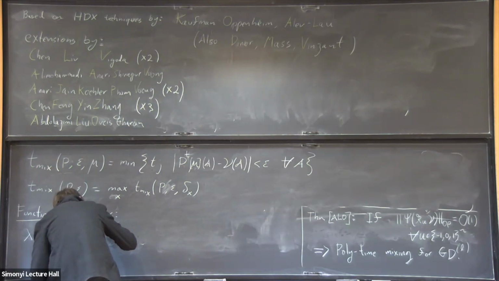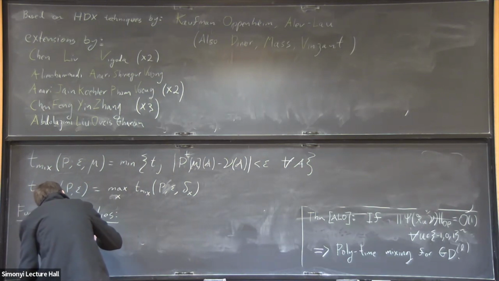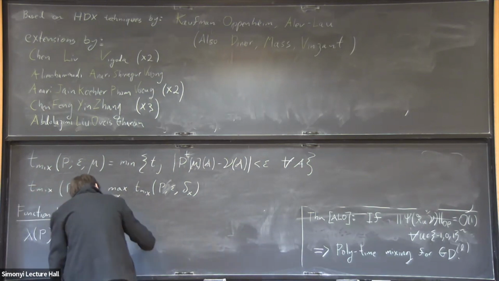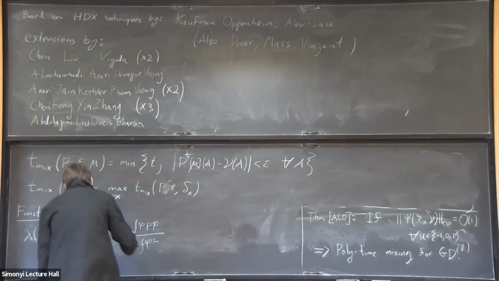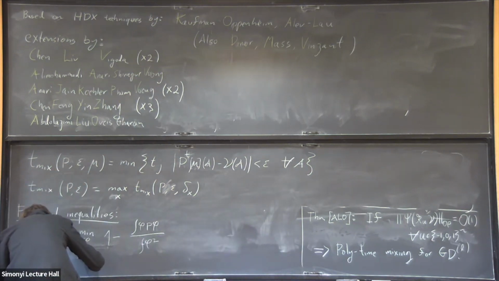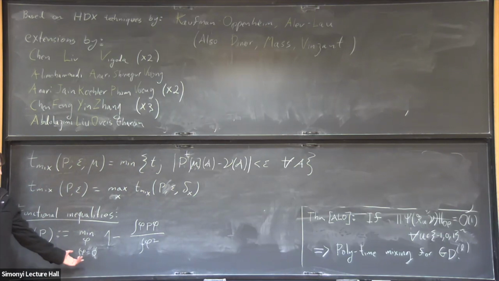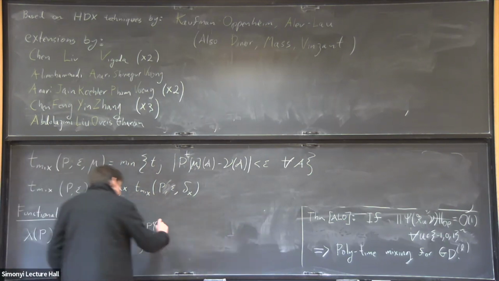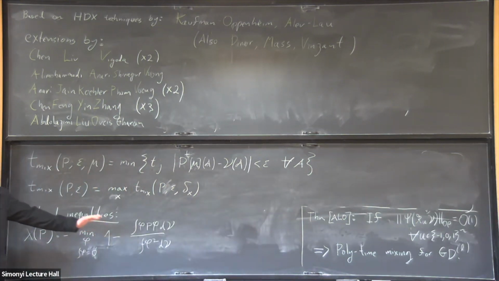Let's do it like this: the minimum over test functions phi of 1 minus the integral of phi P phi over the integral of phi squared, where I only consider test functions phi which integrate to 0, meaning they are orthogonal to the constants. The integral is d nu. Okay, so this is just the second eigenvalue.